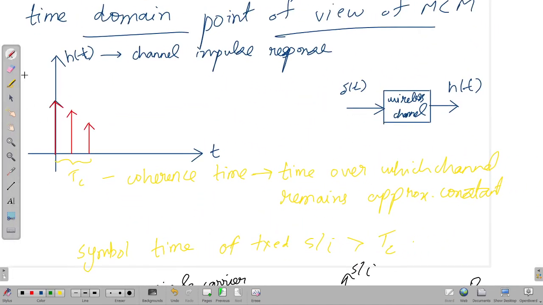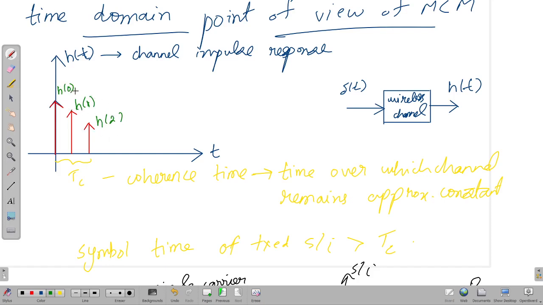You see, this is the channel impulse response, and you send one particular signal, and you have three copies at the receiver. So you send an impulse, you have three copies. Then you send any signal, then the signal will have three copies. This copy is h of 0, this is h of 1, this is h of 2.